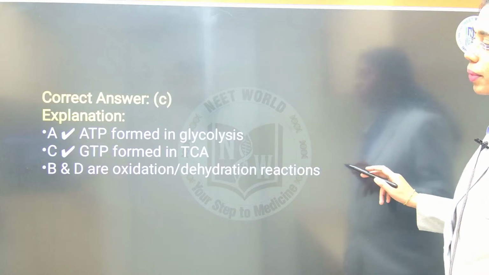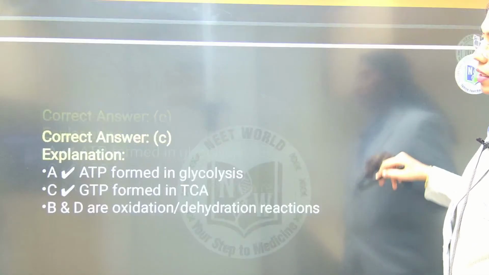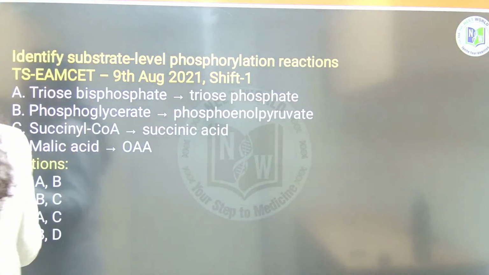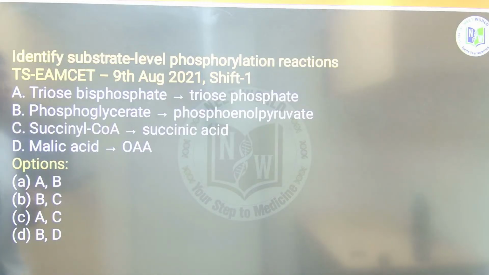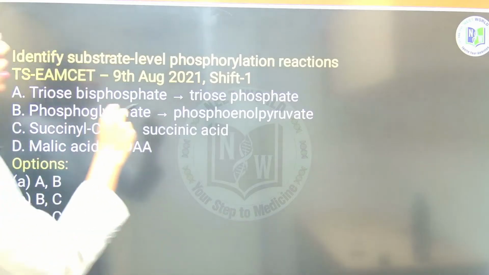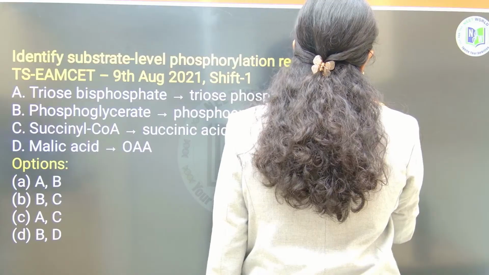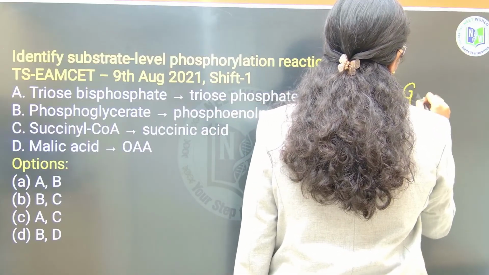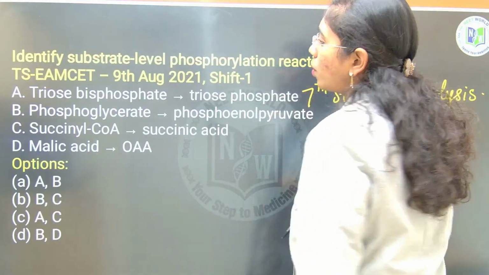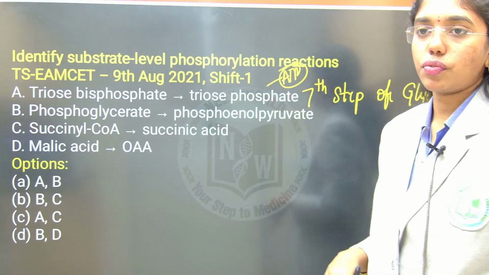ATP is formed in glycolysis, GTP is formed in the TCA cycle. So here if you see from triose bisphosphate to triose phosphate at the 7th step of glycolysis, ATP is being formed and this is substrate level phosphorylation.